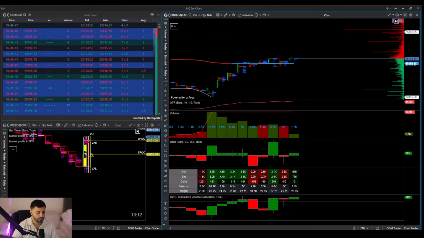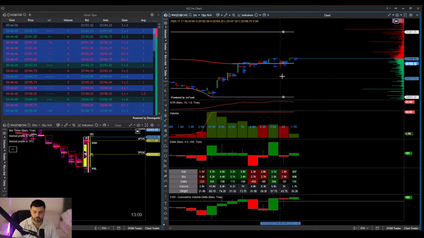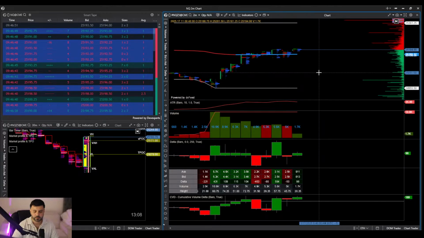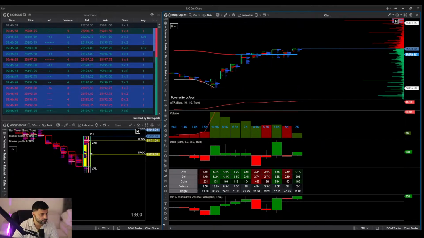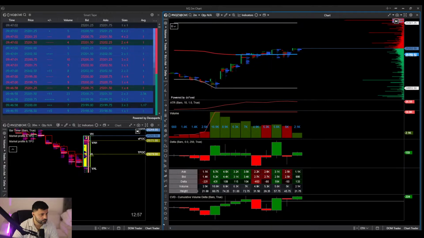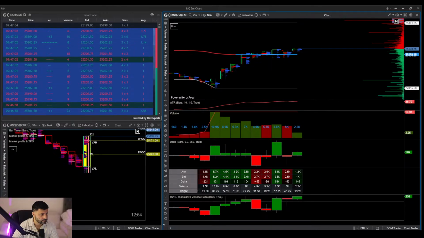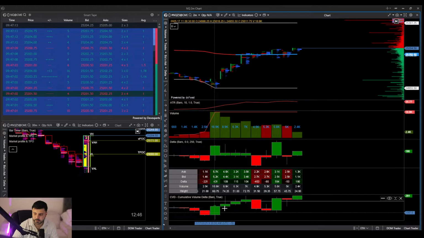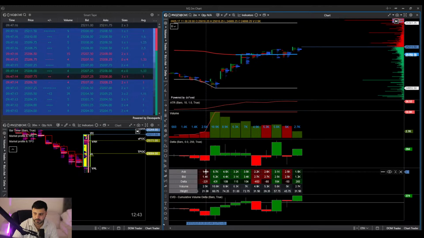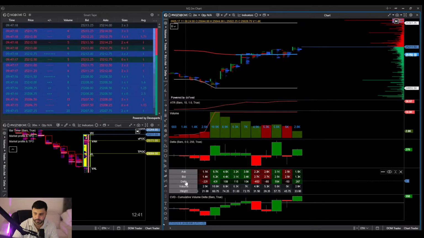Let's go on the order flow. Still strong. See, cumulative volume delta, this is like the total delta. What is delta, right? That's the difference between asks and bids.